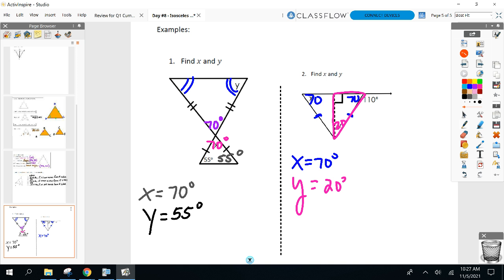You took the 90 and subtracted it from 110 to get 20, because of the exterior angle? Yep, you got it.